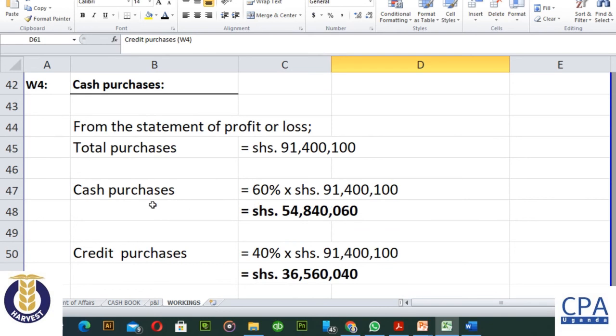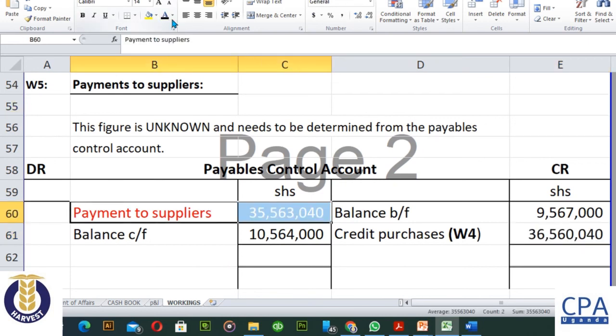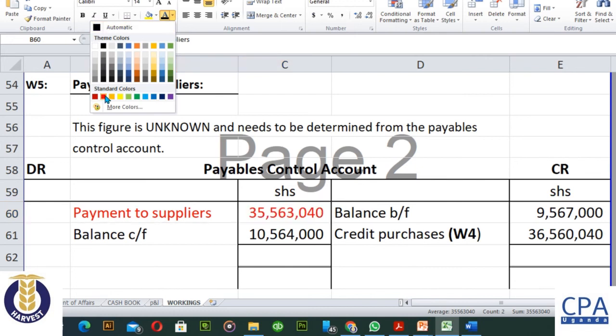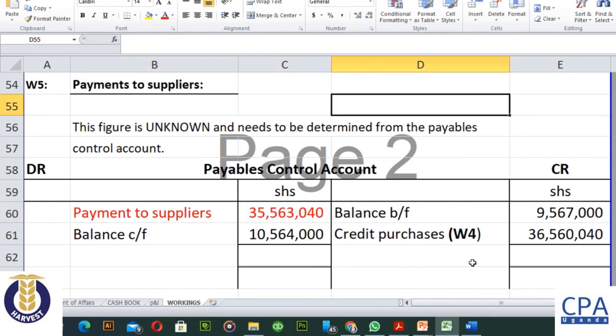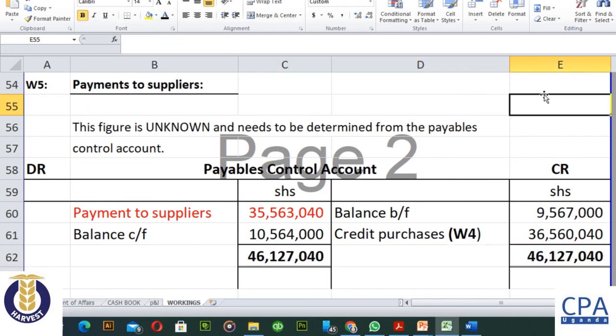Working number 4, credit purchases is 36.5 million. So I bring it straight here in the T account. So at the end of the day, you see that our cash payment to suppliers comes to 35.5 million. So that is how I arrive at that figure that I took to the cash book.